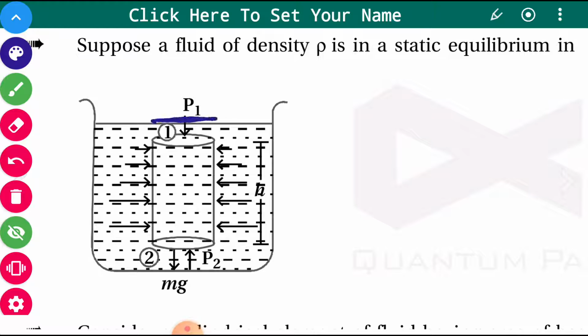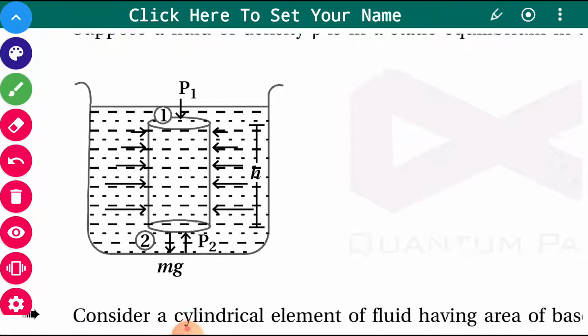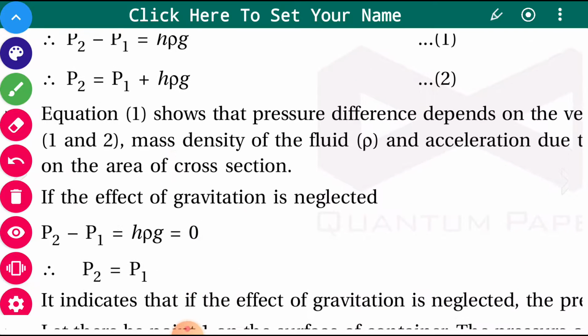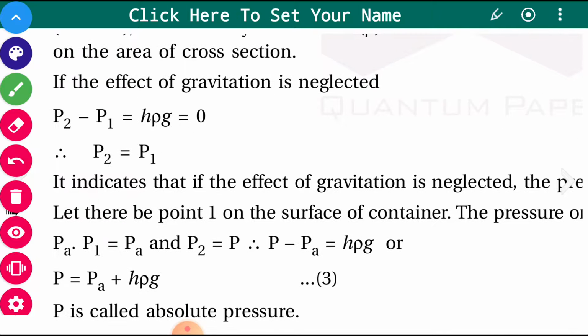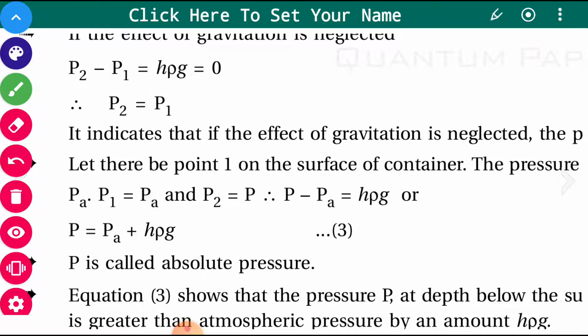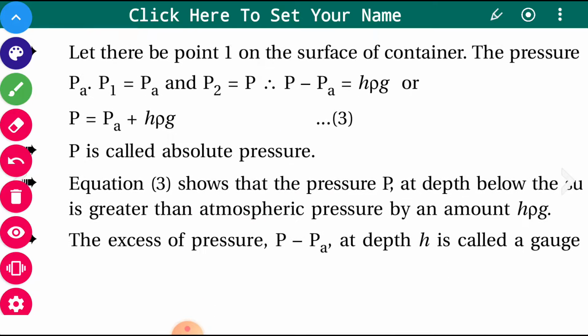The pressure here will be equal to the atmospheric pressure PA at the top of the surface of the fluid. So P1 will be equal to PA, and P2 we take as P. So we have P minus PA is equal to rho g h, or P is equal to PA plus rho g h, where P is called the absolute pressure.